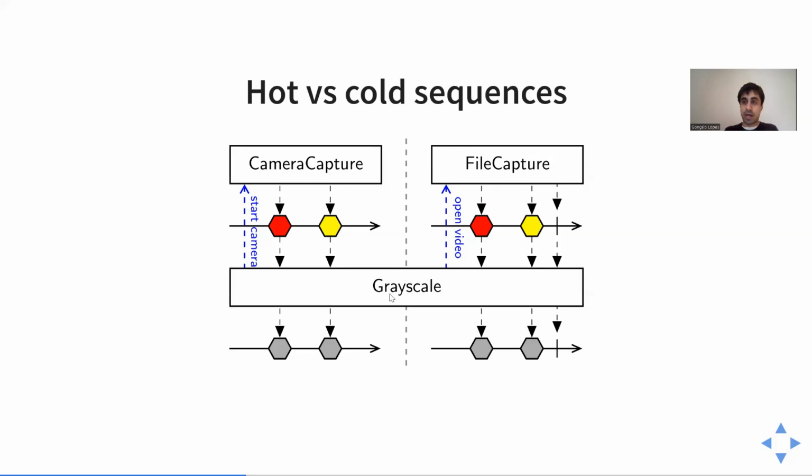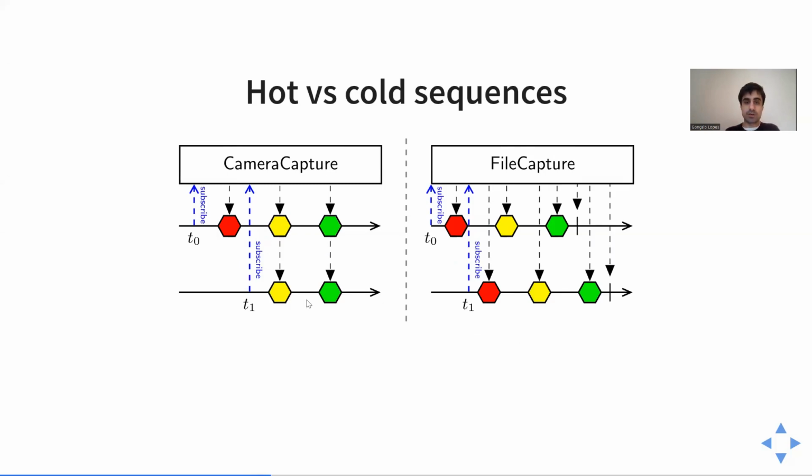However, if we now look at two sequences that are sharing connections to that same sequence, either a camera or a file, we will notice a fundamental difference between the two types of sequence. In the case of the camera, it cannot help but just give you the latest frames that it is grabbing. So when the first sequence connects, let's say at time t0, the camera will start streaming frames.